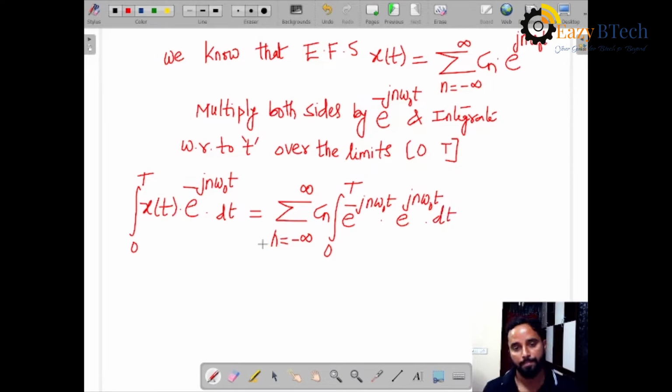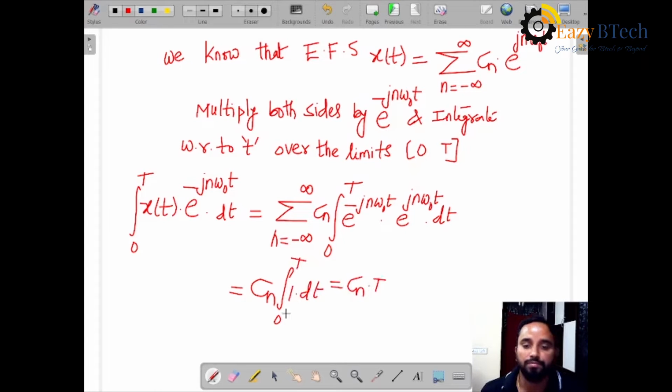That's all. Now if you simplify the right side, we have Cn as it is. Here e to the power minus jn omega naught t plus jn omega naught t becomes 1. So integral 0 to T 1 dt will be Cn into T, right?